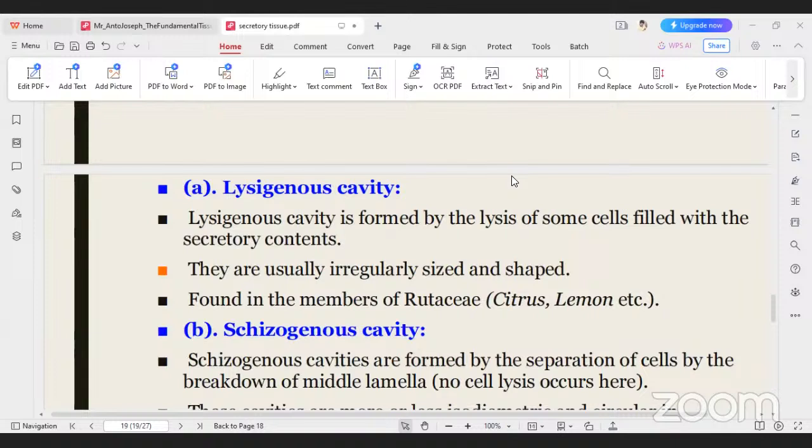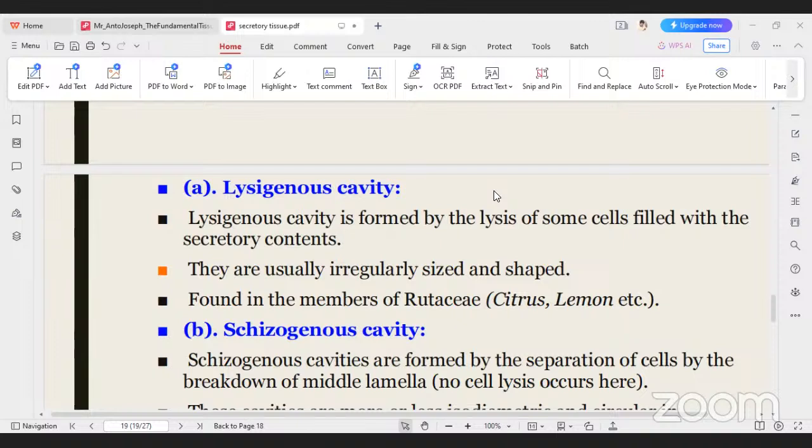For example, lysigenous cavity, Rutaceae family, citrus and lemon. Best example: when you peel the pericarp of the citrus and press, what do you observe? Glands, sir. White, brown structures.